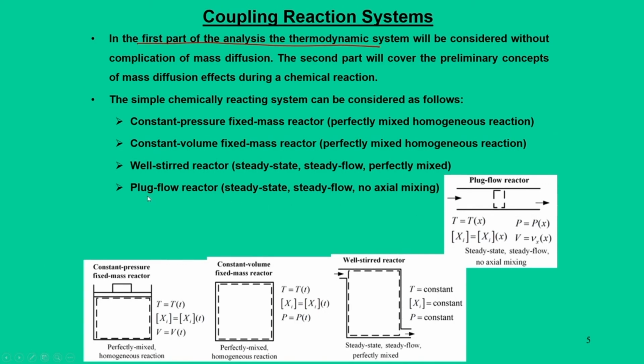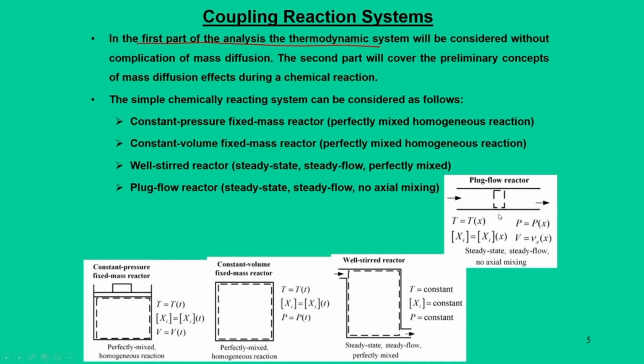Another kind of reactor is the plug flow reactor, which is steady state, steady flow, but with no axial mixing. Basically this is a kind of duct in which a certain gas is passing, something like in an aerospace propulsion system, like ramjet or scramjet combustion, where high speed air enters and fuel is injected into it.